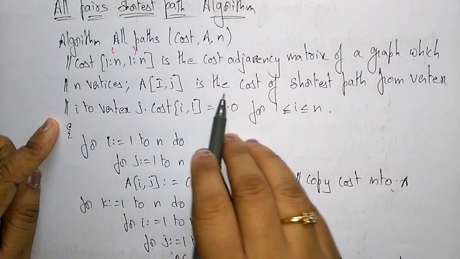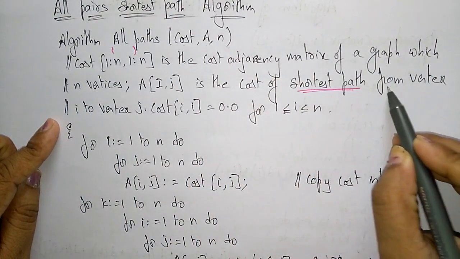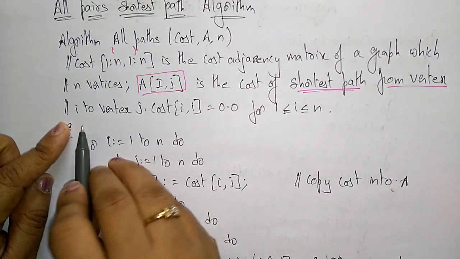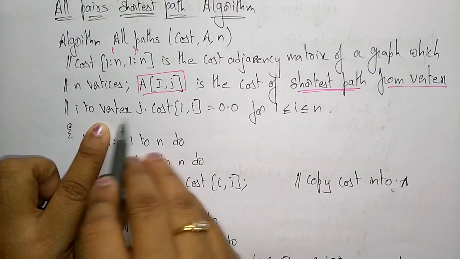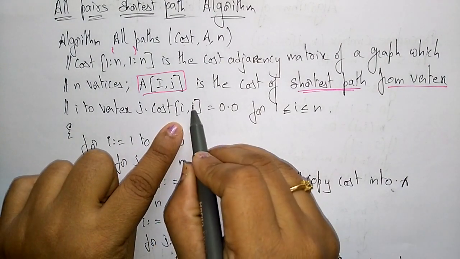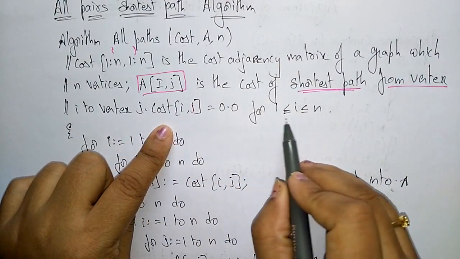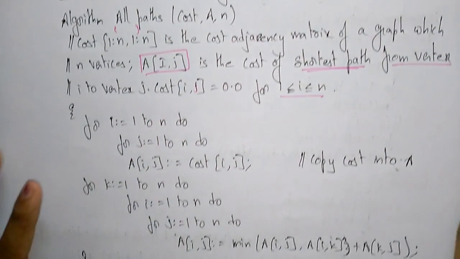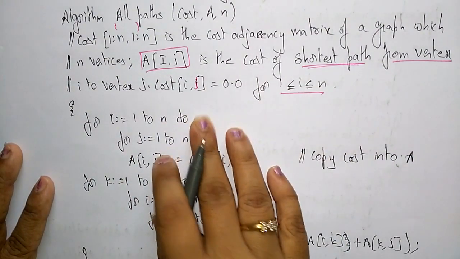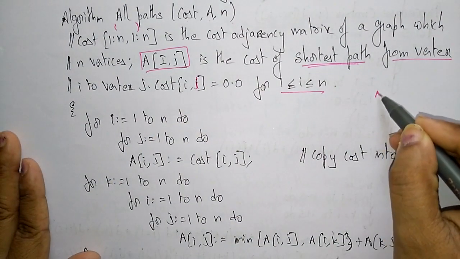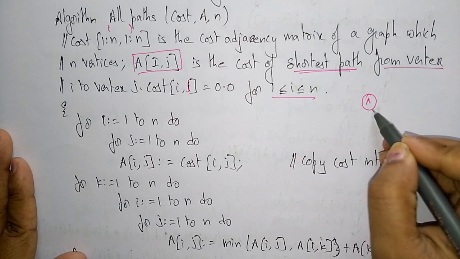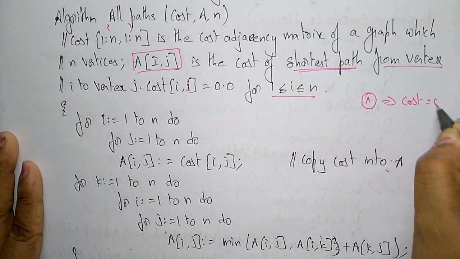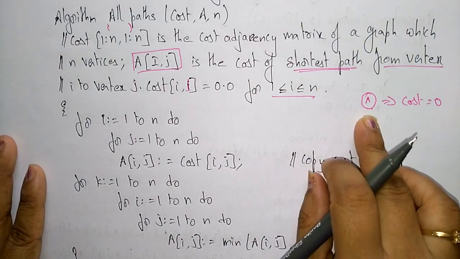A of i j is the cost of shortest path from vertex i to vertex j. So this A of i comma j is the shortest path from i to j, and cost of i comma i is 0 for 1 less than or equal to i less than or equal to n. So if suppose only one vertex is there, the cost of visiting this vertex is 0.